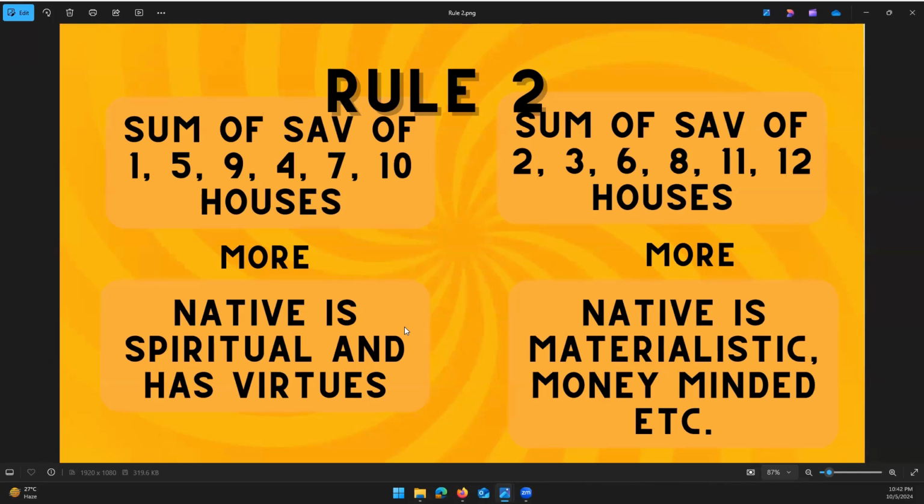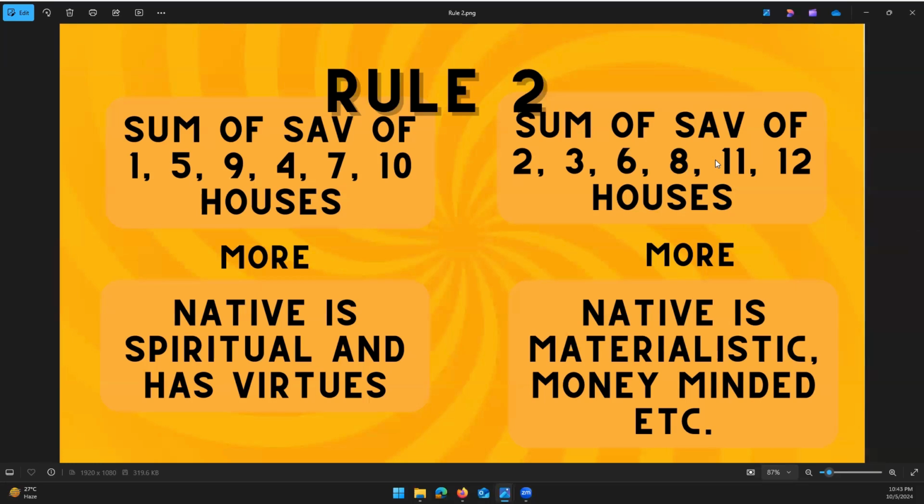and if in a chart the sum of Sarvashtakavarga for the first set is more, that means the native is spiritual and has many virtues. If the second set of houses has a sum greater than the first set, then the native is more materialistic or money minded, right? So it's a very simple rule.